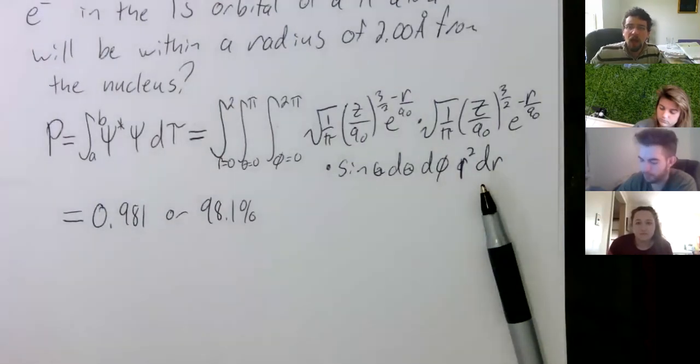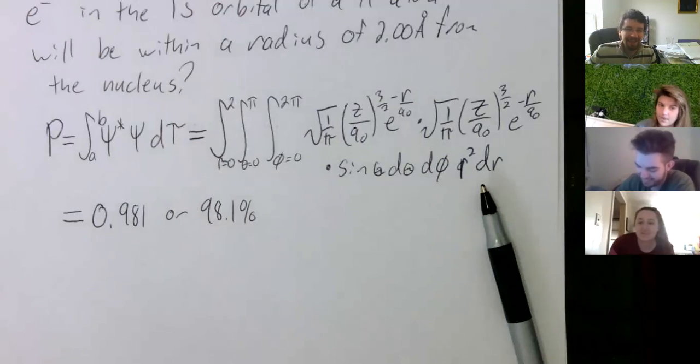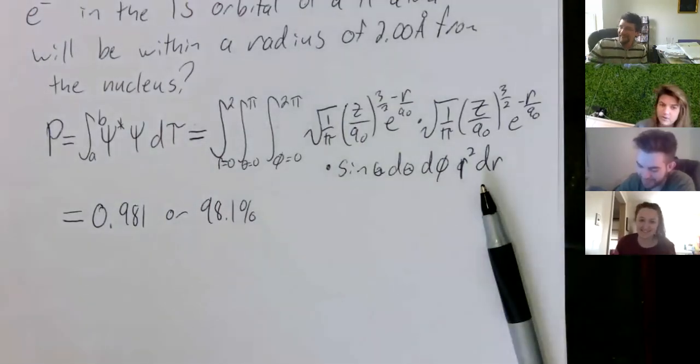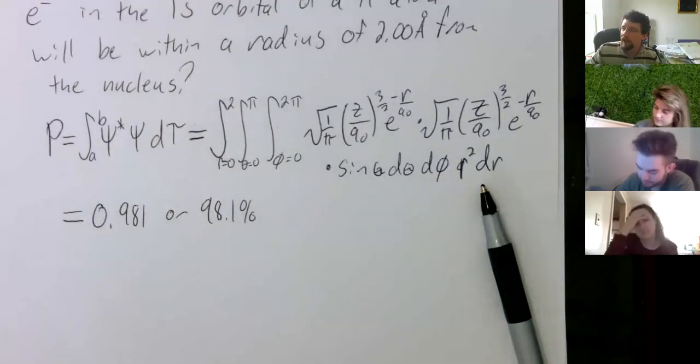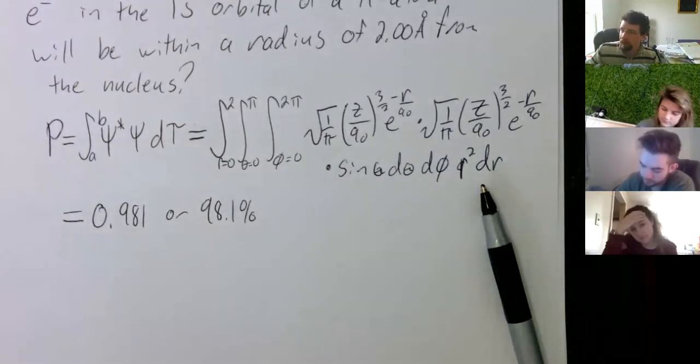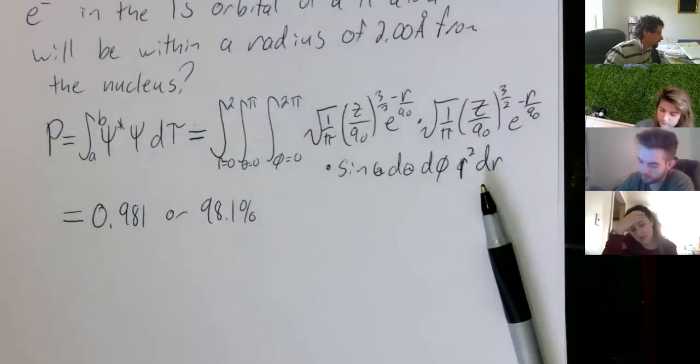Okay? What will our daily problem be then? No daily problem. Write how you feel about the class thus far. In this one, determine the mean radius of a 1s orbital for a hydrogen atom. Okay.